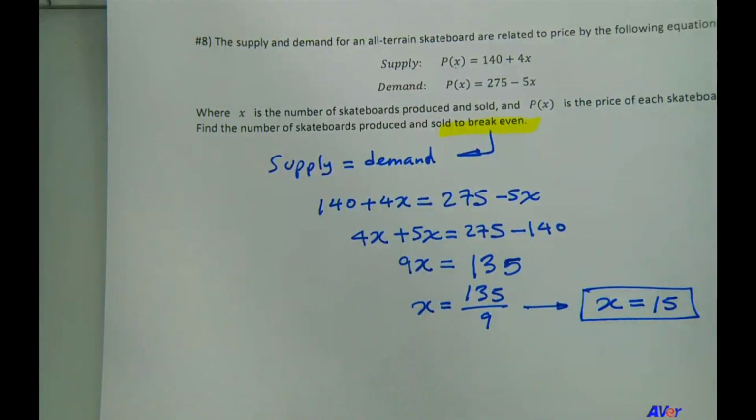So after producing and selling 15 skateboards, the company, All Terrain Skateboard, is going to break even. So after that, the 16th skateboard is when they're going to make a little bit of a profit beyond the break-even point.